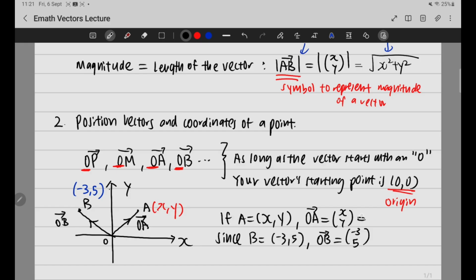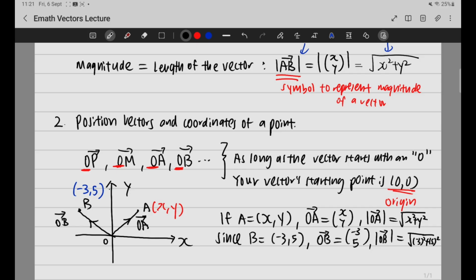And the length of OA is simply the square root of x squared plus y squared. And the length of OB is simply the square root of 3 squared plus 5 squared. Just like that.